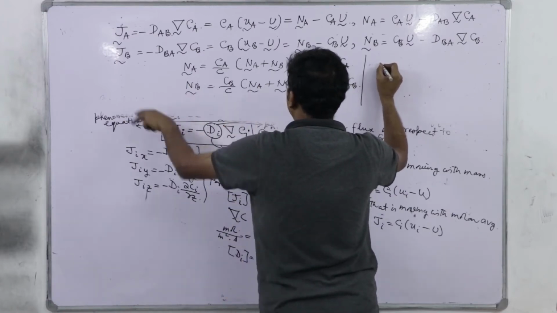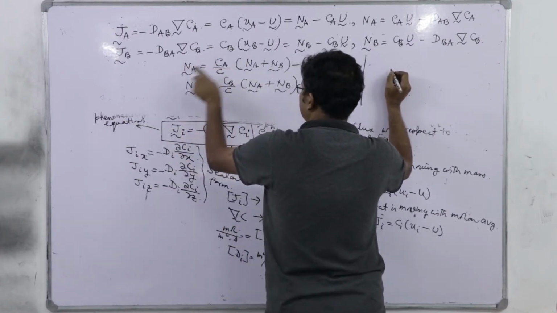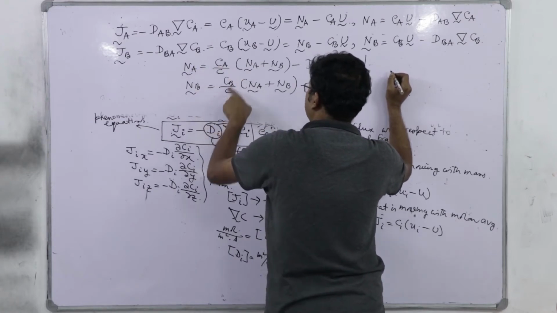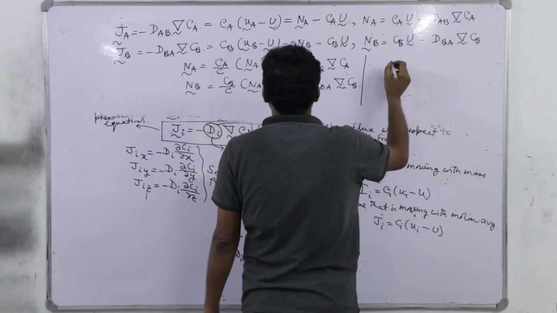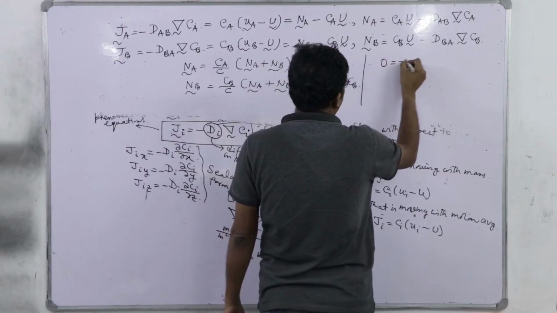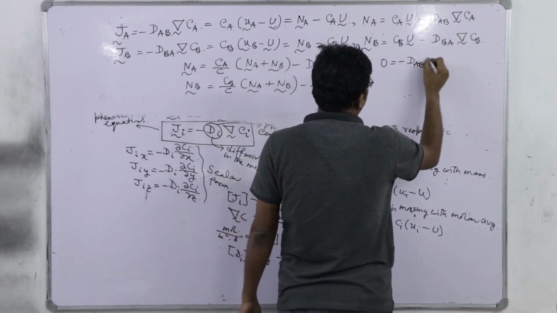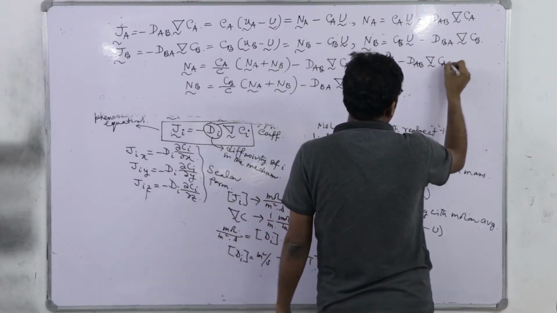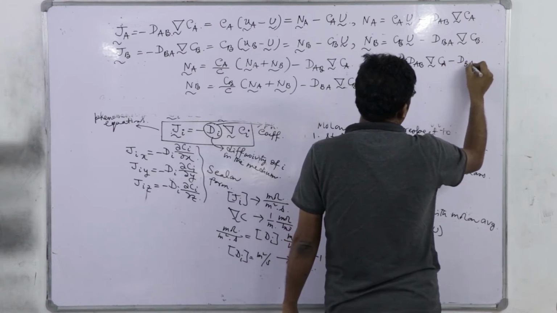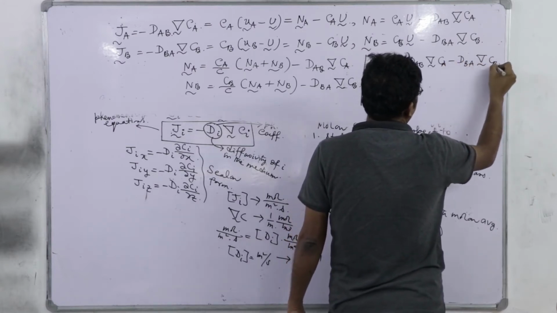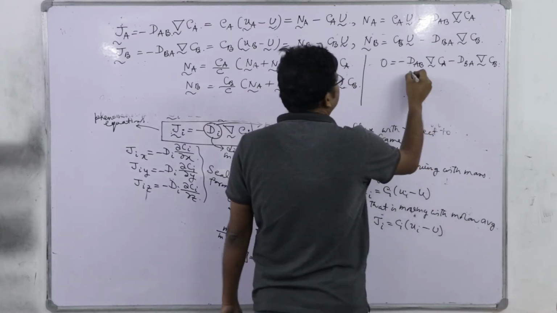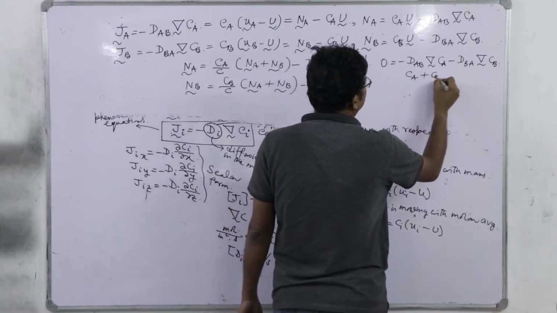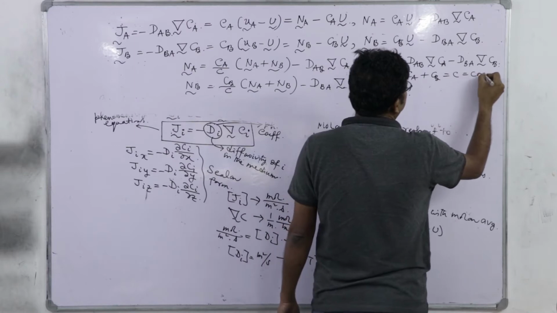This will cancel out, these two terms and these two terms will cancel out, because Ca plus Cb equal to C, right. So, 0 equal to minus of dAB grad Ca minus of dBA grad Cb, right. Now, Ca plus Cb equal to C, which is constant.